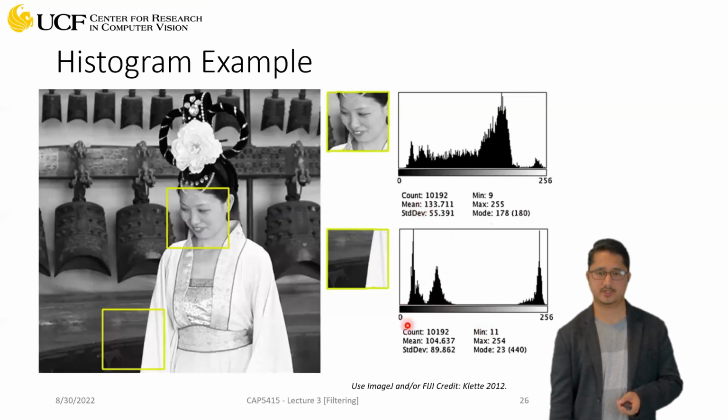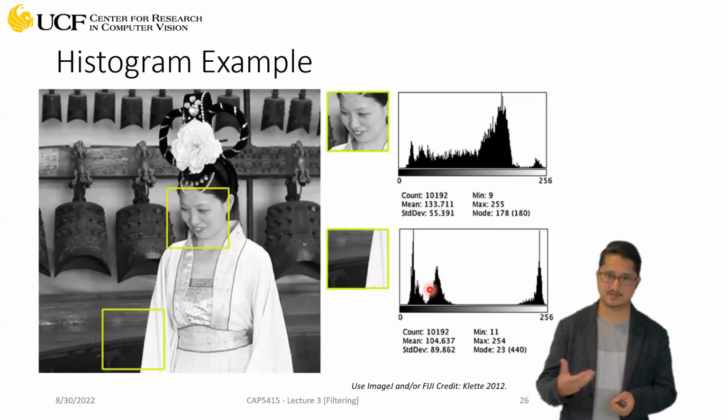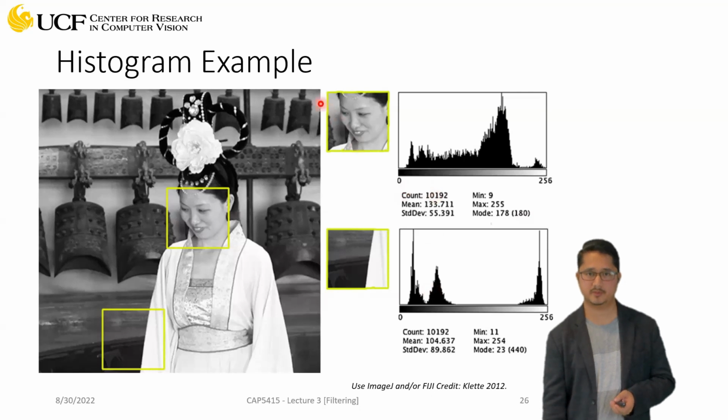These two peaks correspond to, I think, the first one the darker region here, and this one the darker region on the top. Even with the human eye we can see the distinction of these colors, and that's why we have these two different peaks. So this helps you in analyzing the image and extracting meaningful properties.